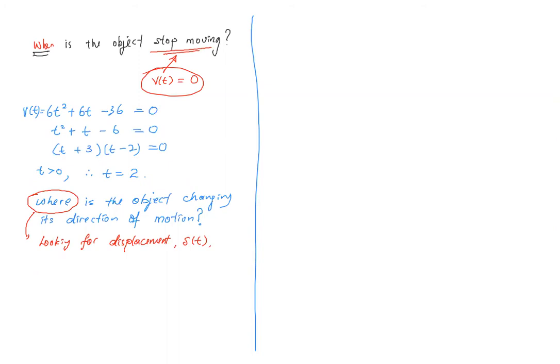So if you want to look for displacement, when the object changing its direction of motion, if I analyze like that, you have to find the time when the object changing its direction of motion.